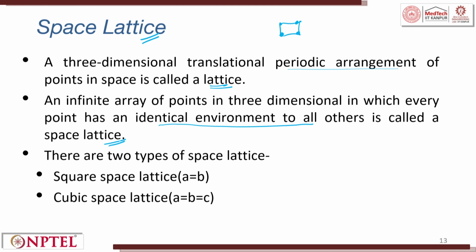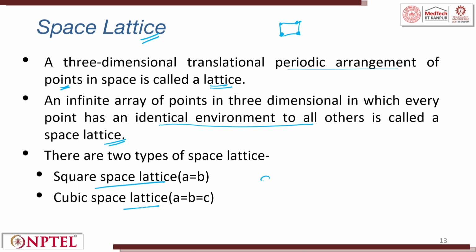So now we are trying to look into how the atoms are arranged in the given space. There are two types of spatial lattice. One is called as square spatial lattice. The other one is called as cube spatial lattice.